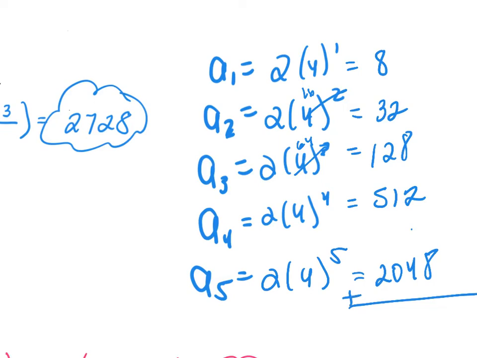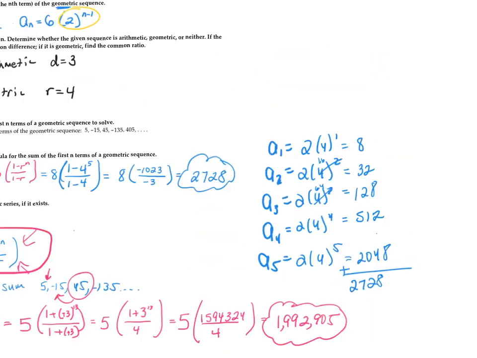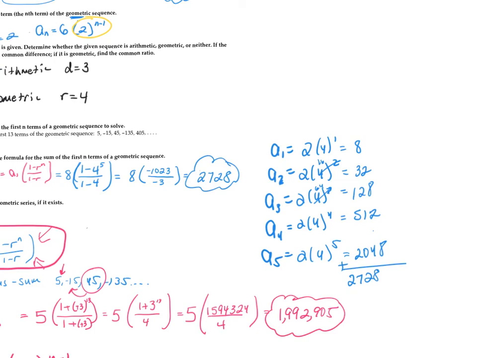If I add those together, I got 2728, which is what we got using the formula. So you know you're correct. Everybody see that? We okay?